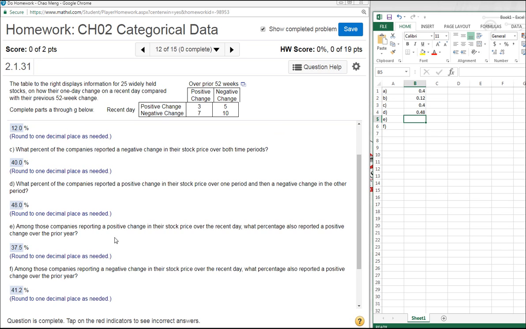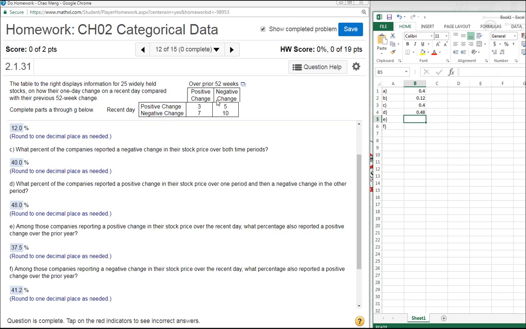Then let's look at part E. Among those companies reporting a positive change over the recent day, what percentage also reported a positive change over the prior year, or prior 52 weeks? In this question, we have a condition. The condition is we only talk about the companies who reported a positive change over the recent day.